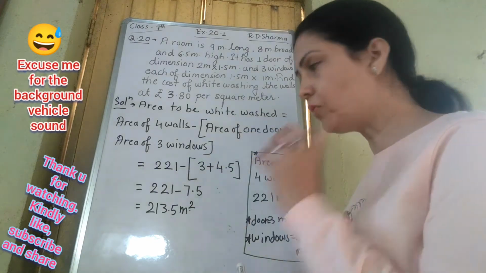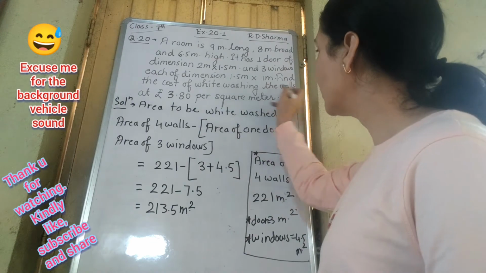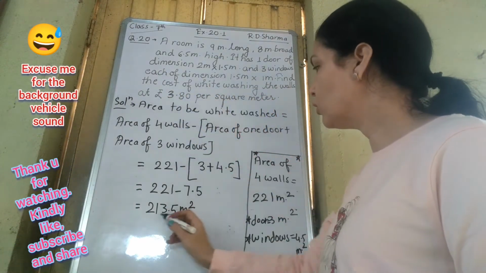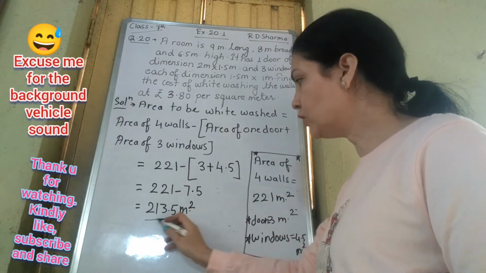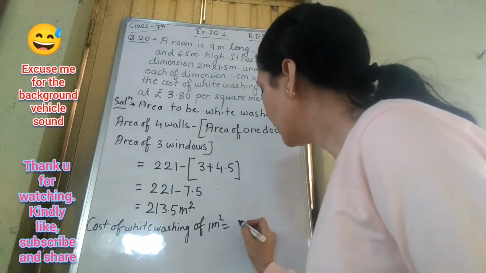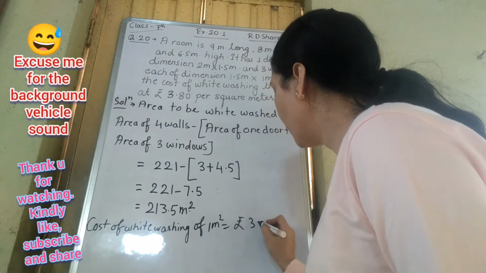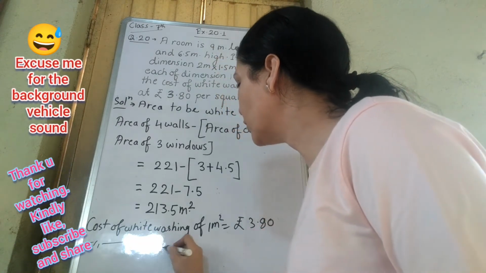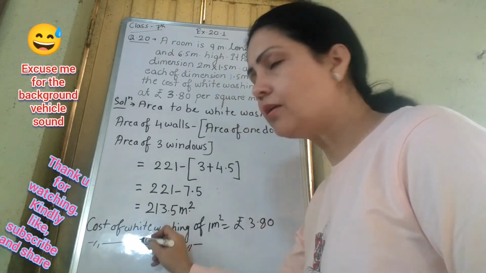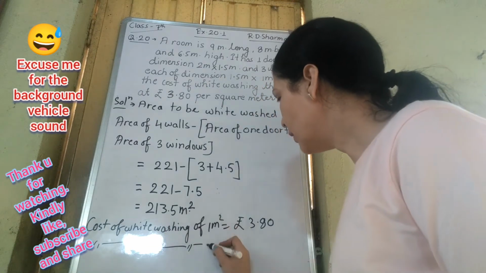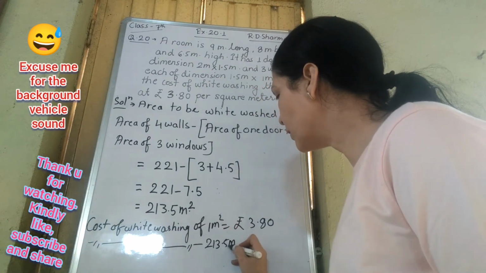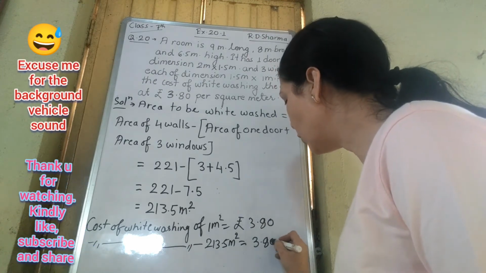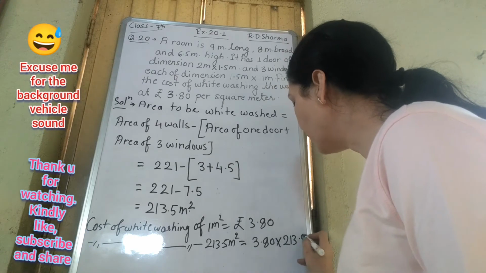Now we found the area that we have to whitewash. We know the cost of whitewashing the walls is rupees 3.80 per square meter. We know per square meter what the cost is, so by using that we can find out this area's cost. So the cost of whitewashing 213.5 meter square will be 3.80 multiplied by 213.5.